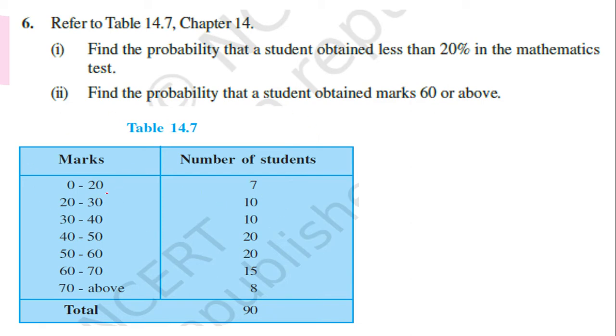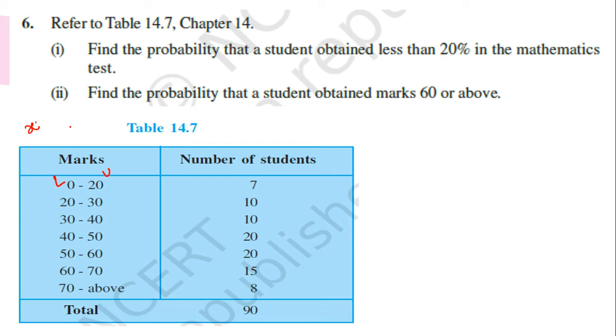Here, marks are given. Actually, it's called the class interval. This is the lower limit, this is the upper limit, and this is the marks. And what is class mark? If you want to get xi, next year it will come, actually xi. So xi is your class mark.